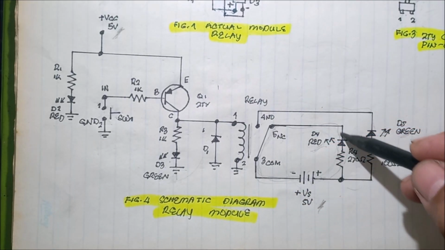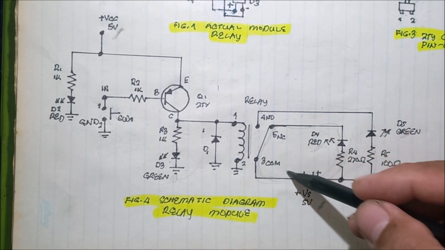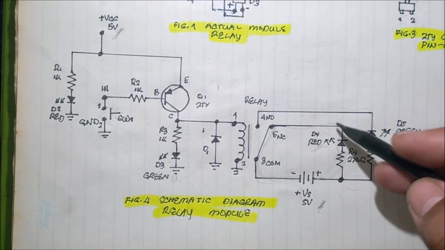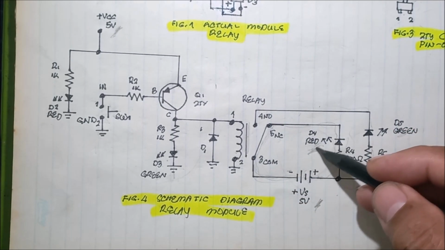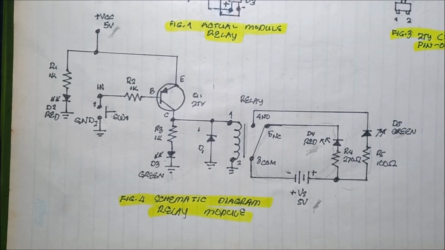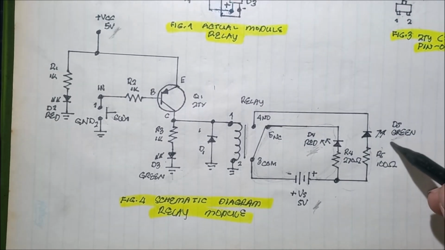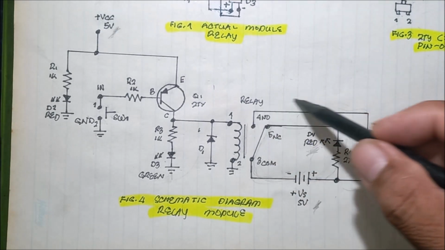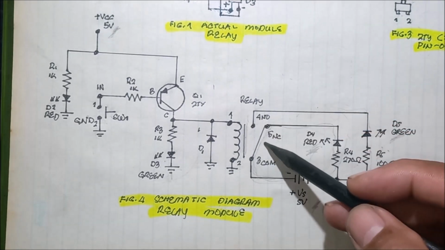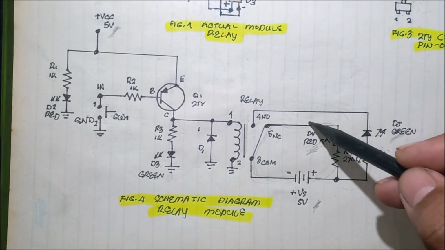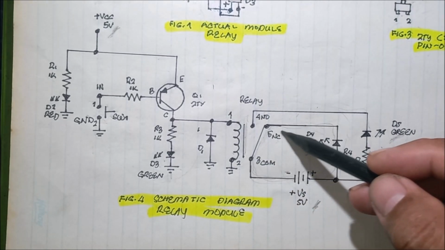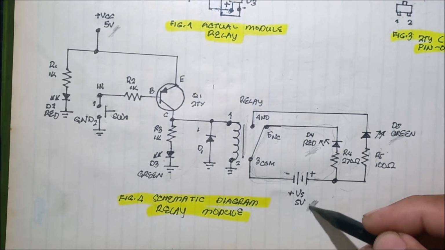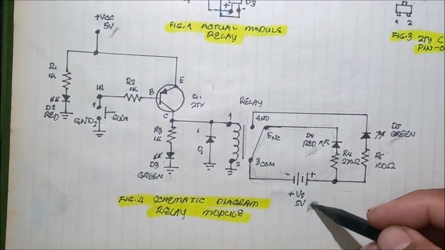So there is a continuous circuit or current supply. That's why the output red LED turns on. And the green LED turns off because there is no complete circuit.